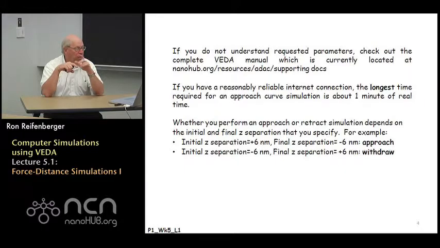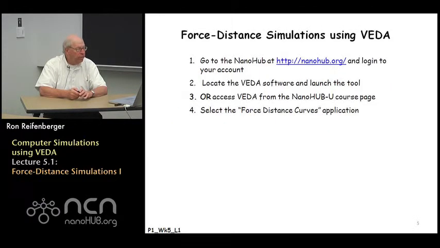If you reverse the initial and final separations, so you make the initial separation negative, the final separation positive, that's a withdrawal. So you can do both an approach and a withdraw simply by doing 2 separate simulations and just changing the Z initial and Z final variables.